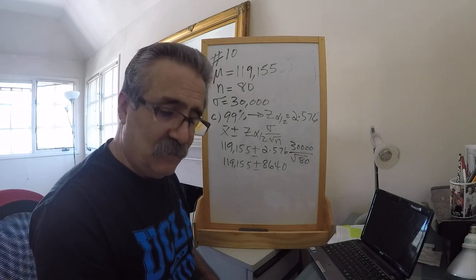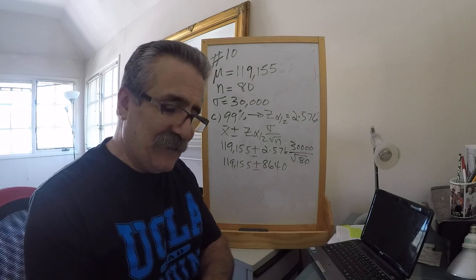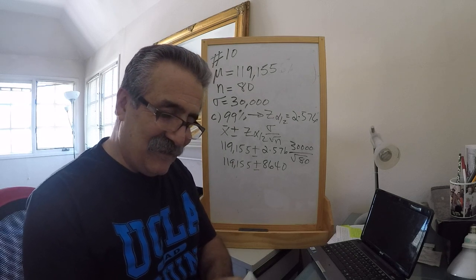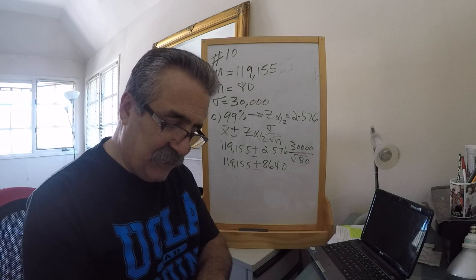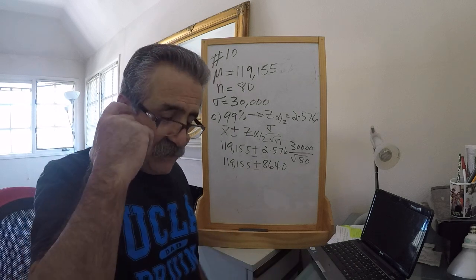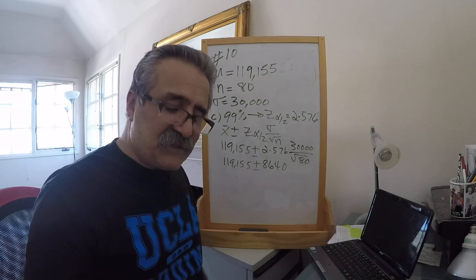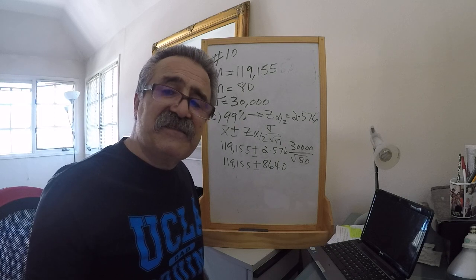And now we're going to continue on with chapter 8. The last problem that I did was problem number 23 in chapter 8, and this was about determining the sample size.